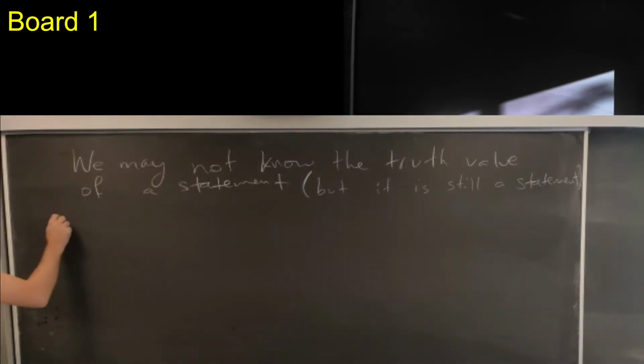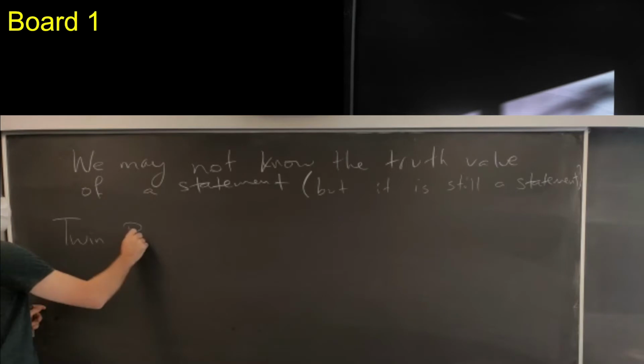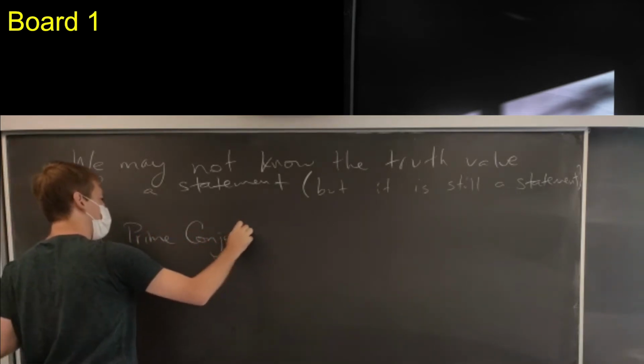A very famous conjecture, meaning unsolved problem, in mathematics is the twin prime conjecture.